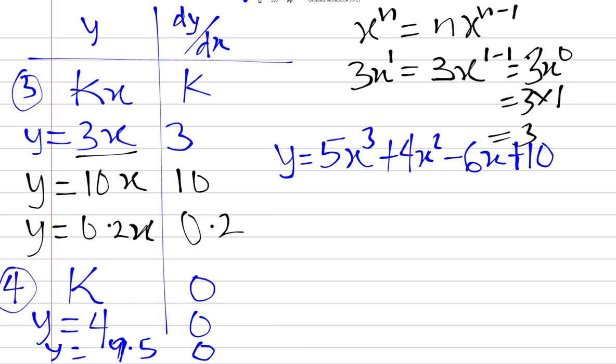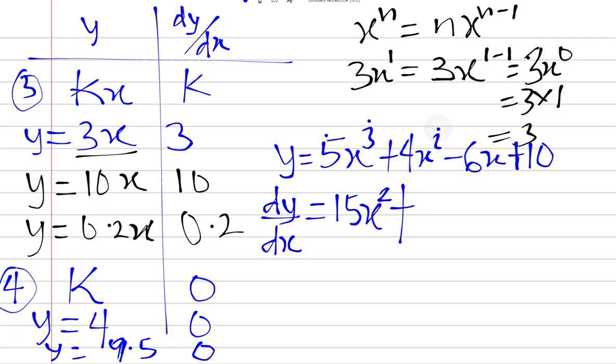Are you seeing that? What will be the dy dx here? Look at it. Your dy dx here is going to be 3 times 5, that's 15, then x, 3 minus 1, 2. Are you seeing that now?